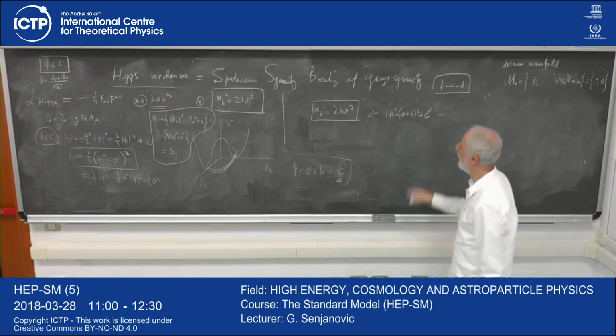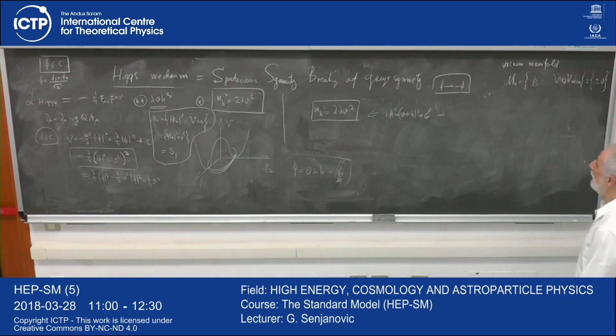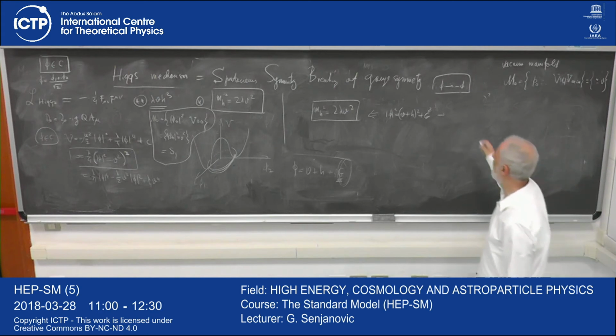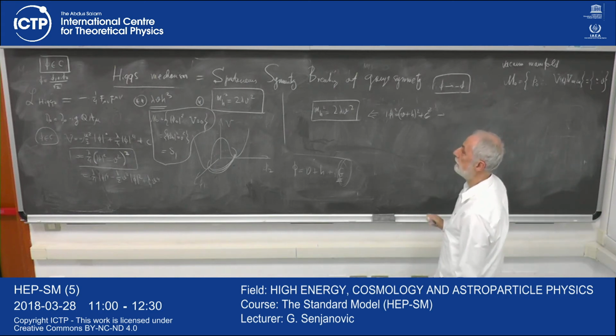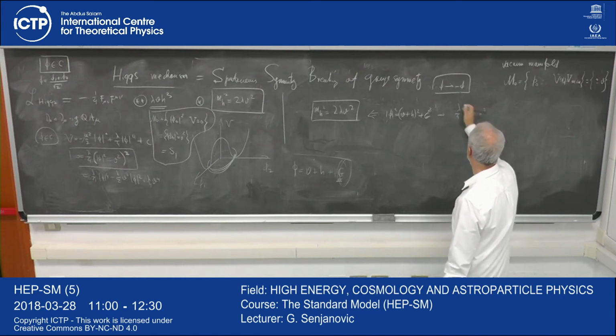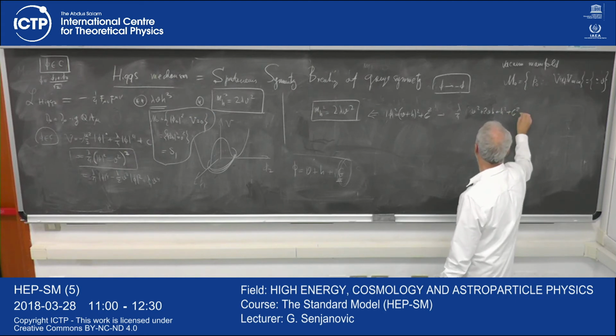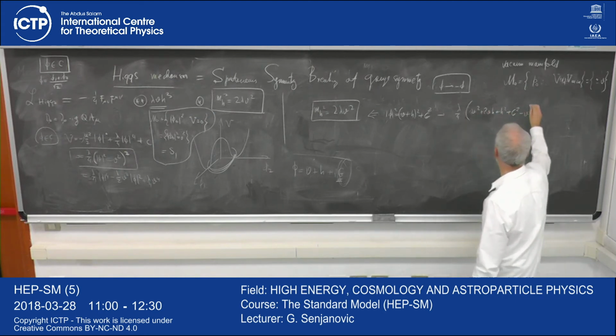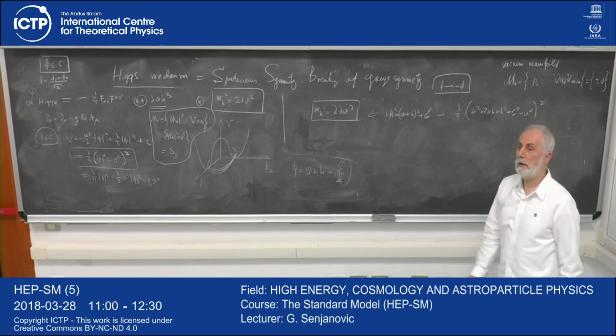What about g? Can you tell me what will be the mass of g? I need to do it. I have lambda over 4, (v squared plus 2vh plus h squared plus g squared minus v squared), everything squared. Agree?